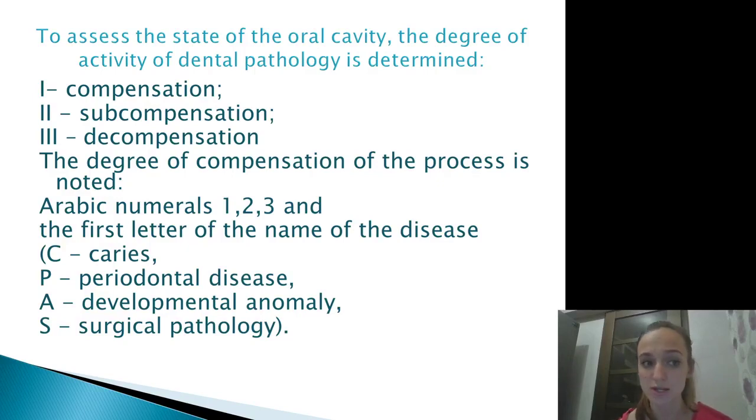First is compensation, second subcompensation, and the third decompensation. The degree of compensation of the process is noted with Arabic numerals 1, 2, 3, and the first letter of the name of the disease. For example, C, caries, periodontal diseases, development anomaly, and surgical pathology if the patient has this pathology.